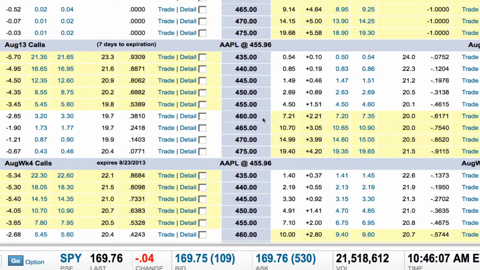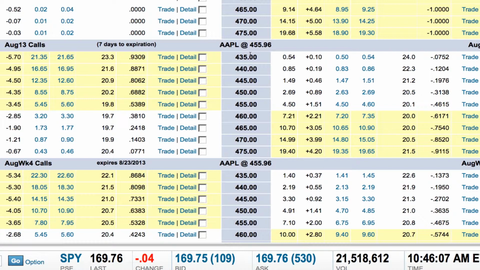And the same holds true for in the money puts. As we go up above the current price, those are in the money. Because remember, calls give us the right to buy stock. So if I have the right to buy Apple at $450, the value of that option is at least the difference between the option's exercise strike price and the current price.